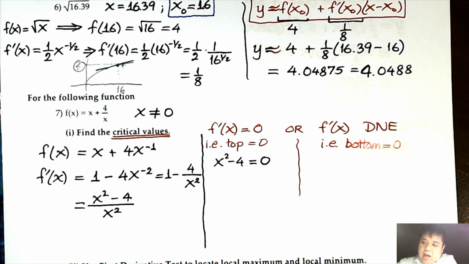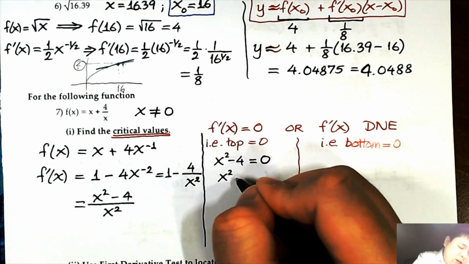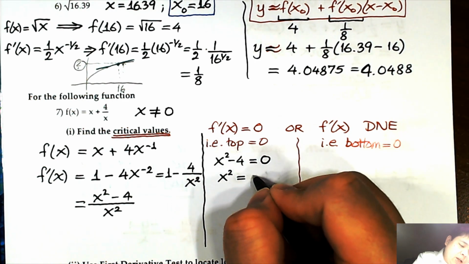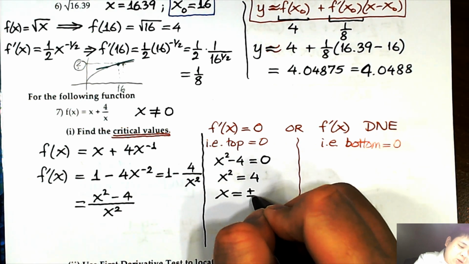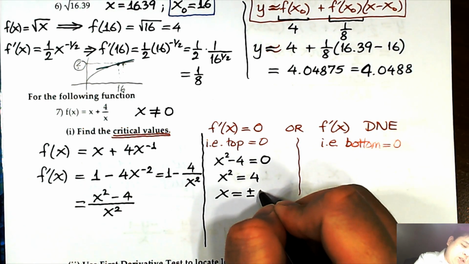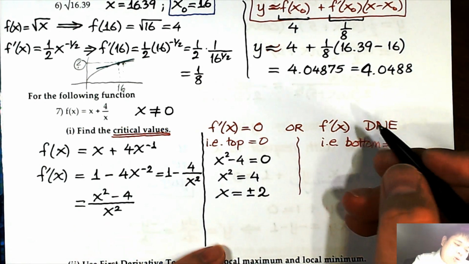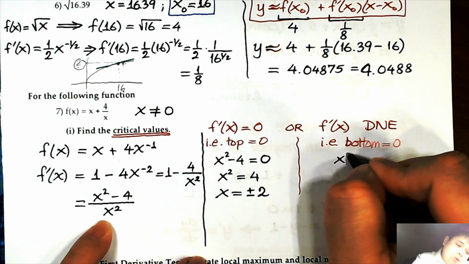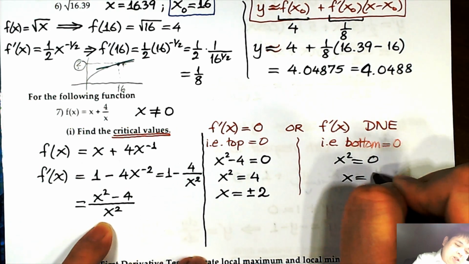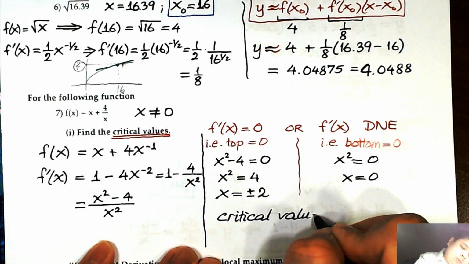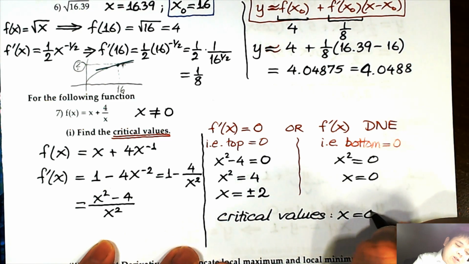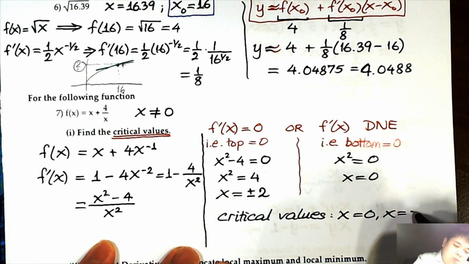So x squared equal to 4, meaning x equal to, don't forget, plus or minus the square root of 4, which is plus or minus 2. Bottom equal to 0, we have x squared equal to 0, which gives us x equal to 0. So the critical values are x equal to 0, x equal to plus or minus 2.